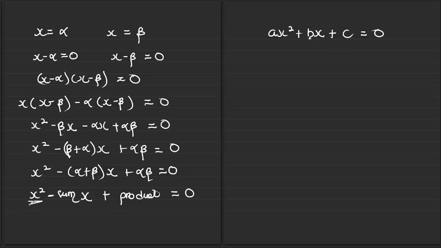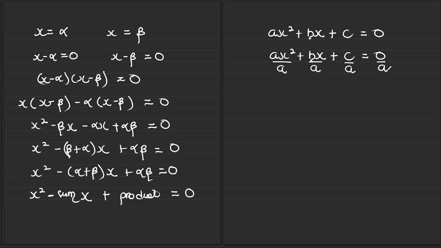You realize over here we have the coefficient of x squared being 1. So we want to achieve the same thing over here. So I'm going to pick this whole thing, and then we divide each and every term by a. So divided by a, divided by a, then divided by a.